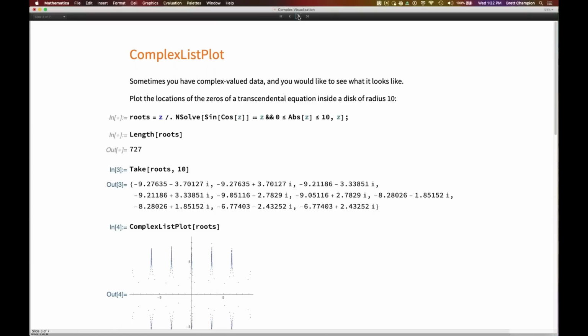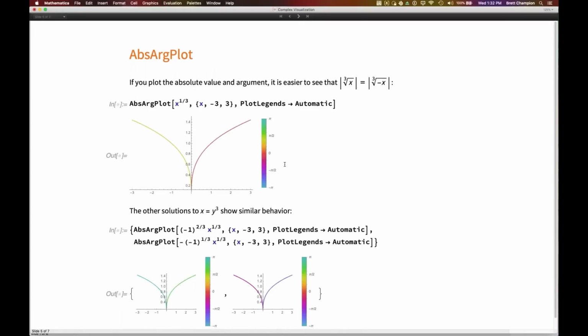We've chosen defaults for the complex viz, and AbsArgPlot and ComplexPlot3D are all using the same sequence of colors that goes from turquoise to turquoise, in a cycle.